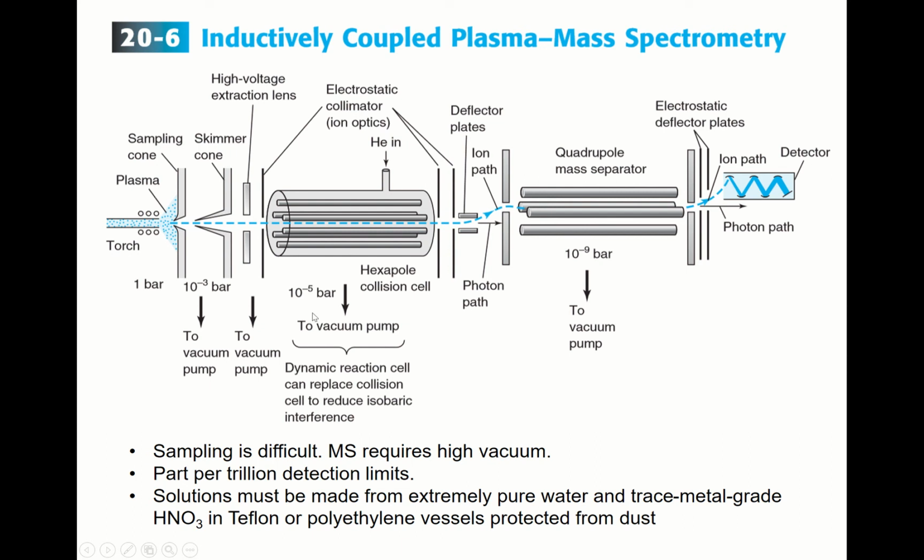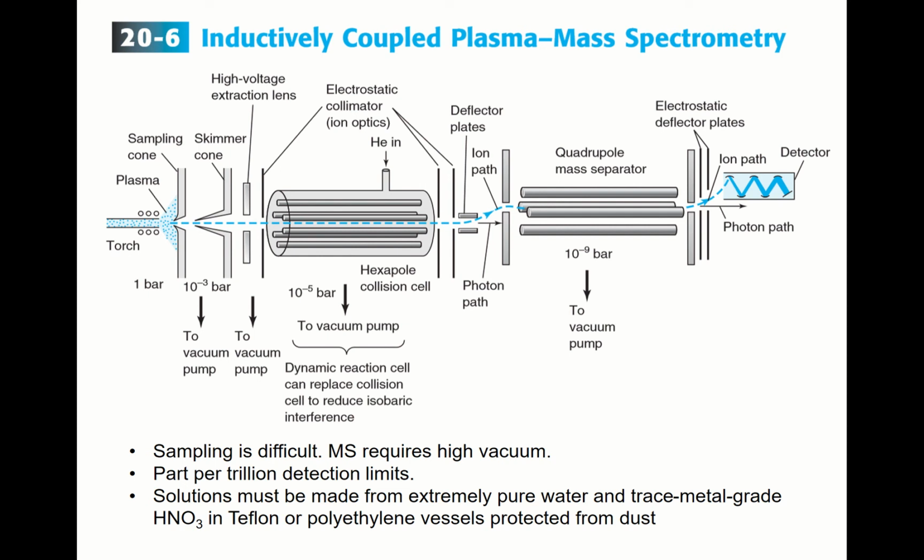Okay, let's look at the schematic diagram of this technique. From the ICP here, here's a plasma, right? And then very little sample is introduced to the mass spectrometer here. And then this skimmer cone, right?